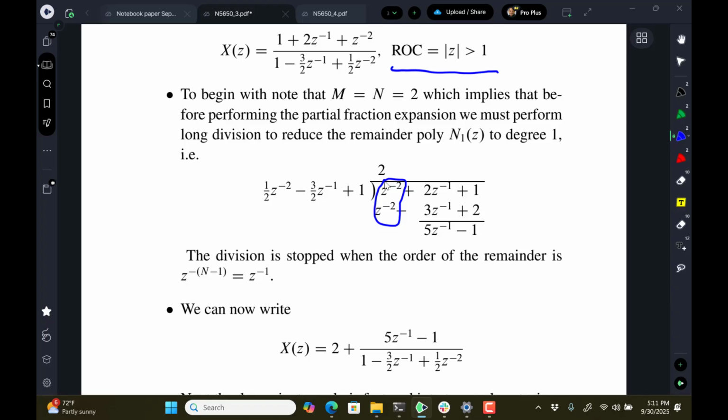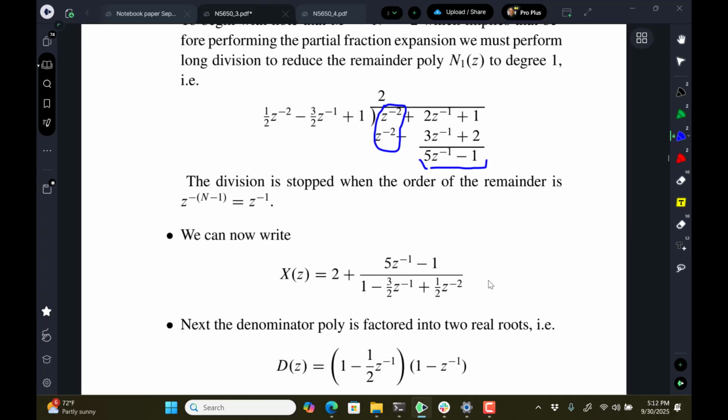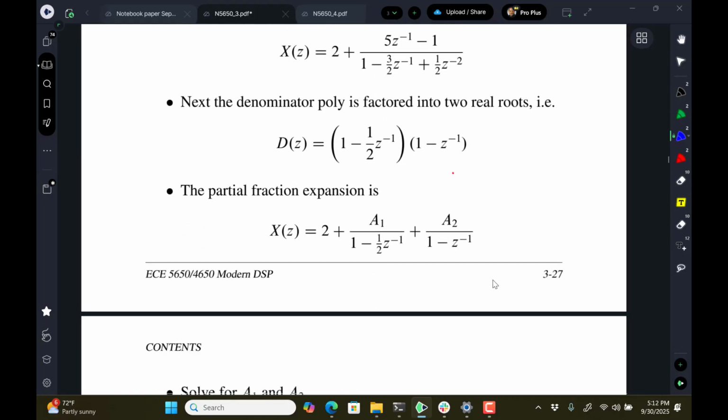So we multiply by 2, and then our remainder is 5z to the minus 1 minus 1. So we're done. Long division gives us a constant of 2, and then we get this proper rational function left over. And now we just have to find the roots of that denominator.